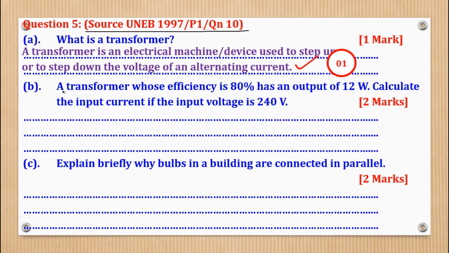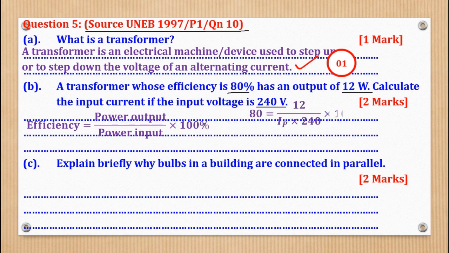Part B says that a transformer whose efficiency is 80% has an output of 12 watts. Calculate the input current if the input voltage is 240 volts. First of all you have to remember the formula for efficiency: efficiency is equal to power output over power input multiplied by 100%.